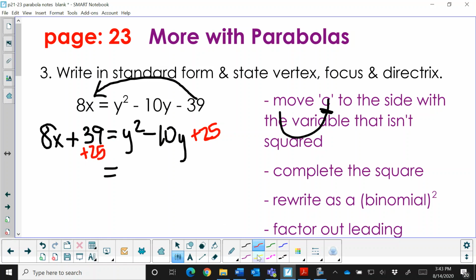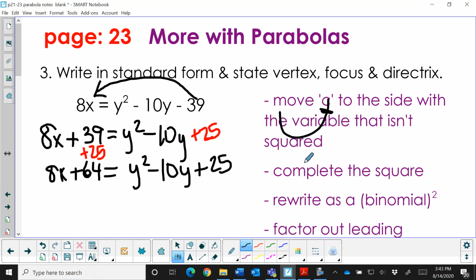And what does that give me? That gives me 8x plus 64 equals the y squared portion that I just completed the square on: y squared minus 10y plus 25. Okay, so I've done that part, completing the square.